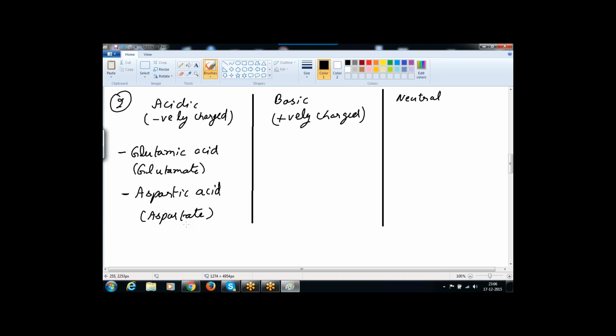So they ask you which of these is an acidic amino acid. This is an exam question. But if they write glutamic acid, it will become very obvious that this is acidic. The name itself has acid in it. Similarly, aspartic acid. So in order to make it less obvious, they write glutamate instead of glutamic acid, or aspartate instead of aspartic acid.